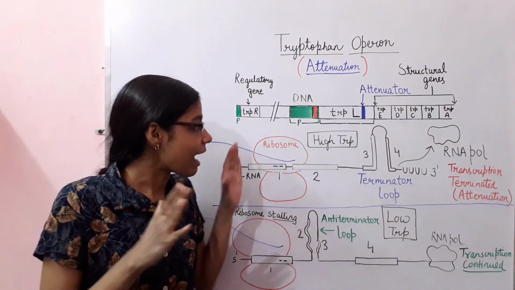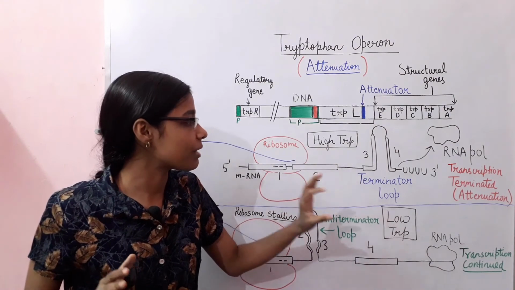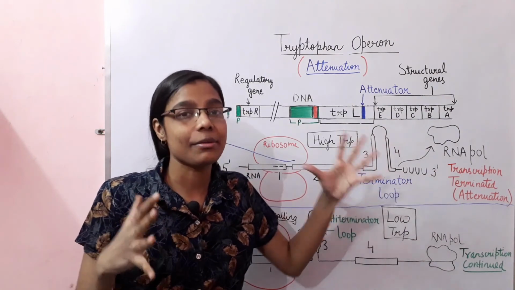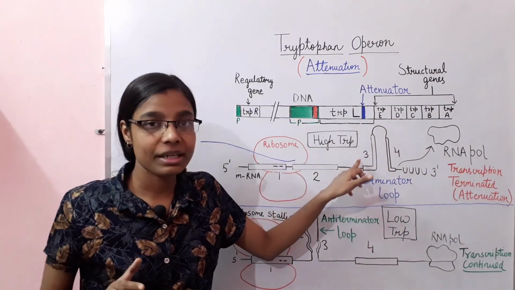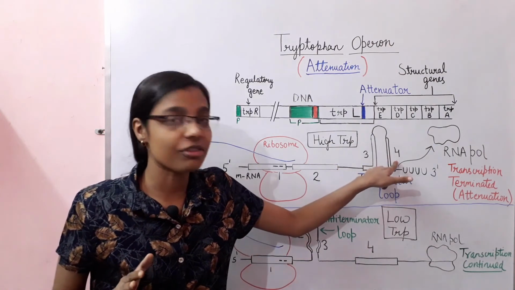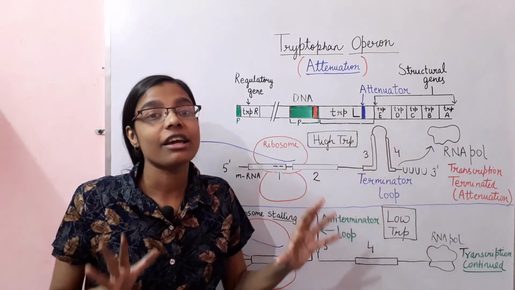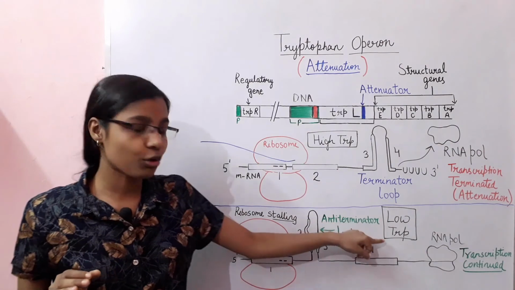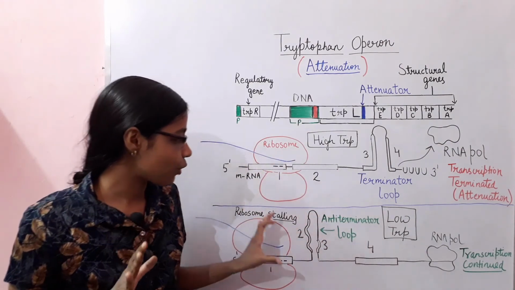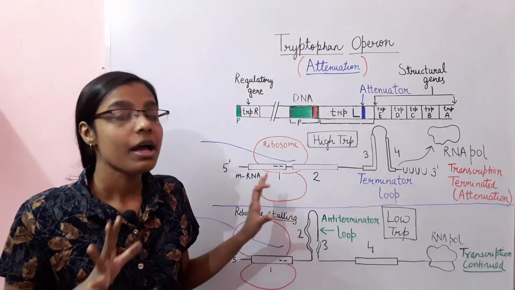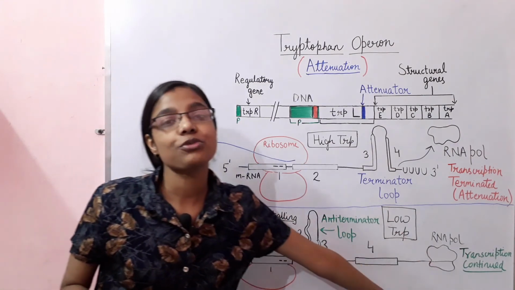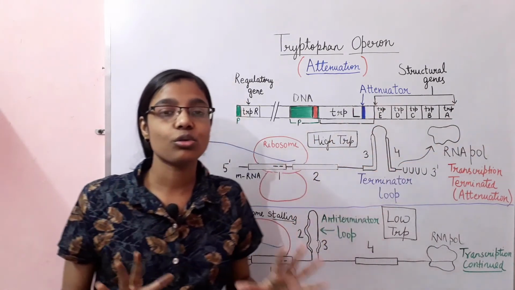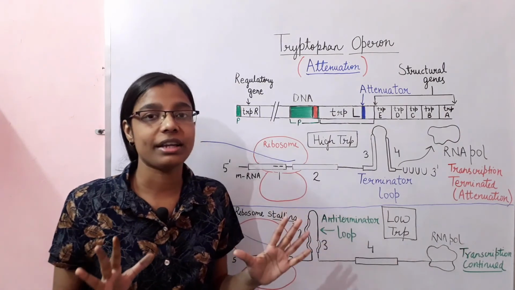Whenever there is a high concentration of tryptophan, there is formation of a terminator loop, due to which transcription gets inhibited. As this terminator loop is between region 3 and region 4, which comes under the attenuator, that process is called the attenuation process. However, when the concentration of tryptophan is low, there is formation of an anti-terminator loop, and transcription and translation continue. So the transcription and translation of these genes will also take place when the concentration of tryptophan is low.